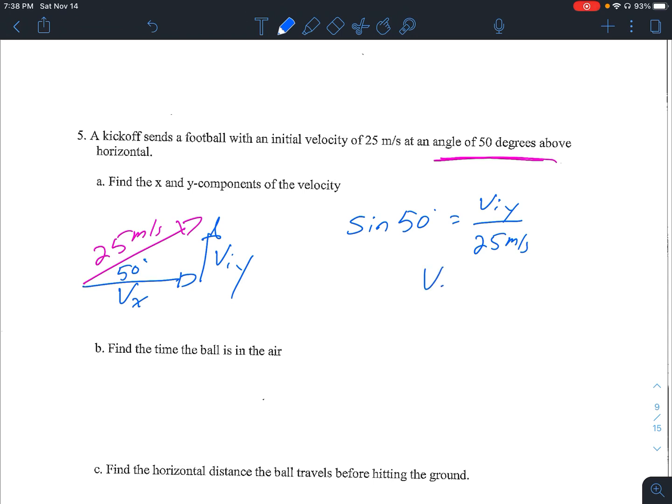And we get our Viy as about 19, call it 2 meters per second. You can round however you like. And cosine 50 degrees to get our Vx.